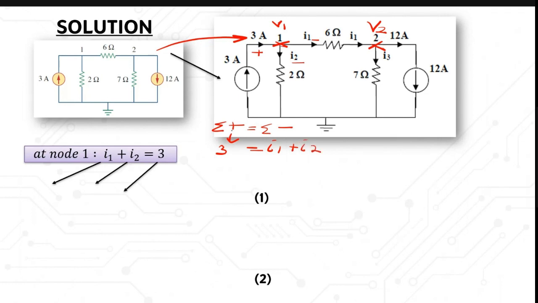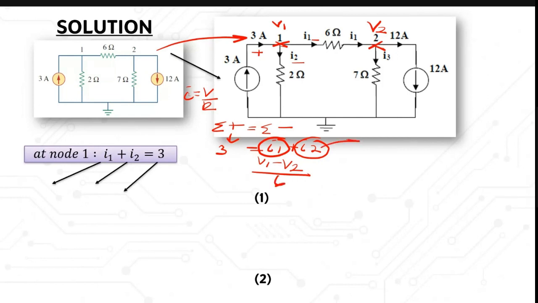Now you have this equation, you just have to convert this I1 and I2 using Ohm's law, where I is equal to V over R. I here just follows the directions of the current, where you know that I1 is V1 minus V2 over 6.